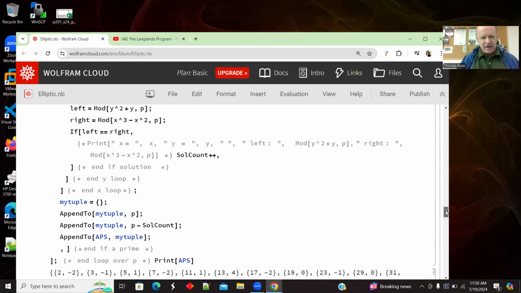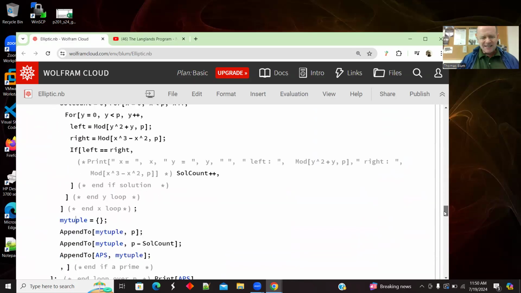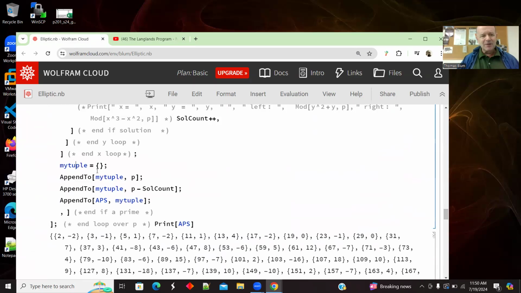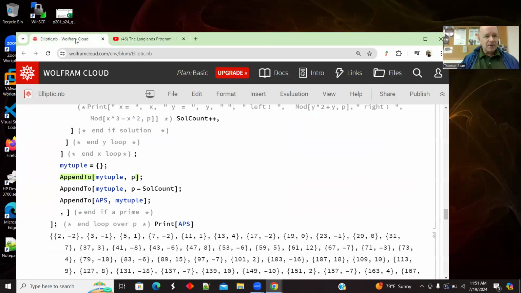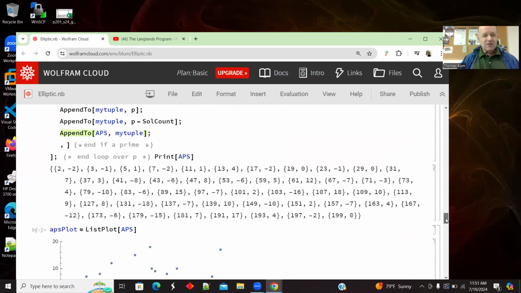That list I'm making is actually going to be a sort of a list of lists. So here's my little list, my tuple. It's just brand spanking new. And then I added the P, the prime, and I added this AP, which was the prime minus the solution count. And then once I had the tuple, I added it to my list of tuples, which is a list of lists. Okay, so here we go.